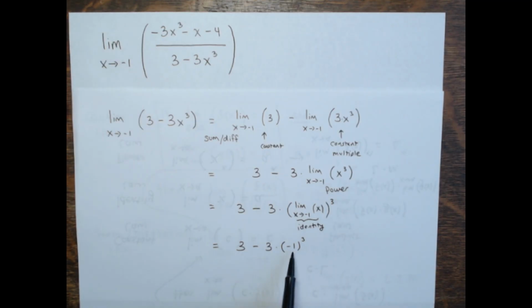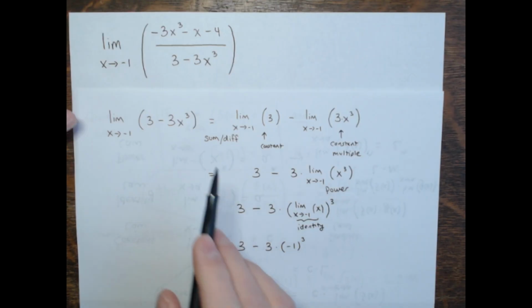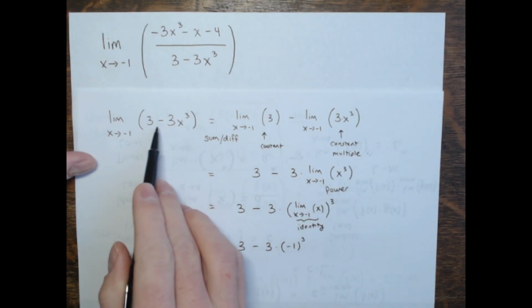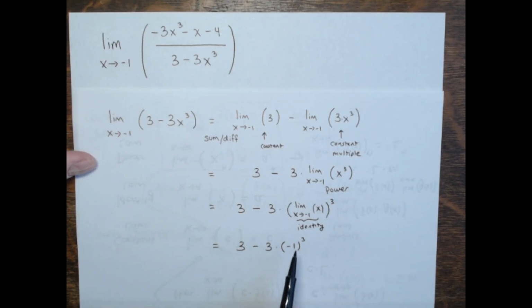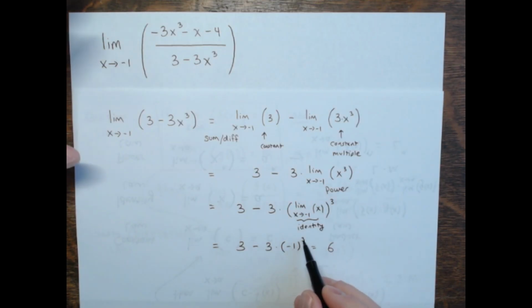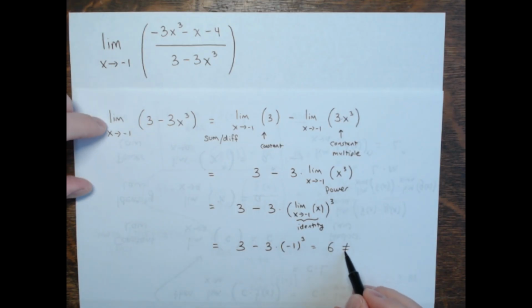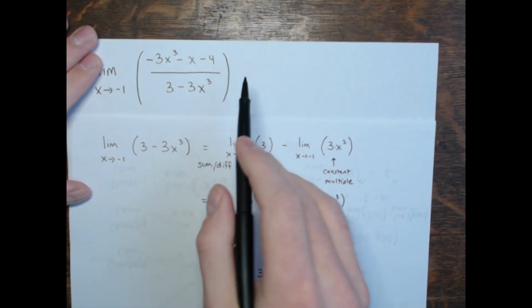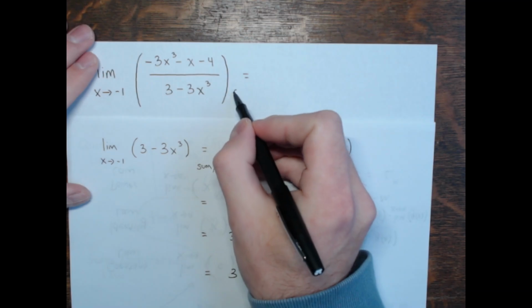But do you see how this expression at the end here is just the original expression, the original polynomial, where -1 is plugged in? And when I simplify this, this would be 6, right? Because -1 cubed is -1 times -3 would be +3, and that's not 0, right? So I can apply that quotient law.